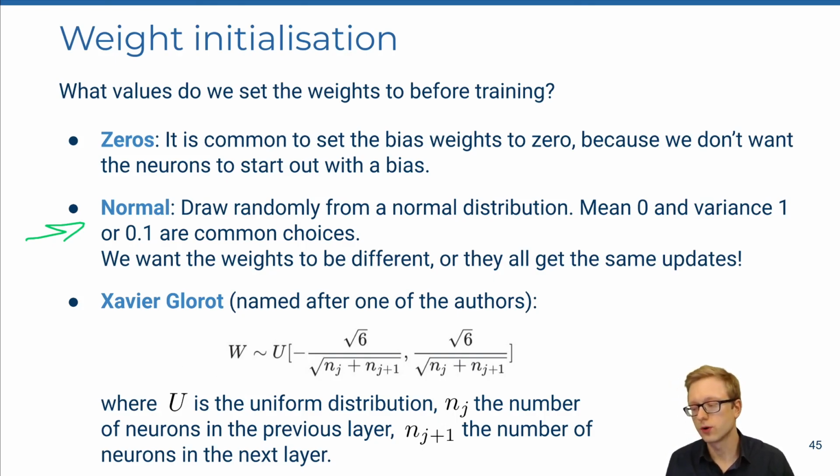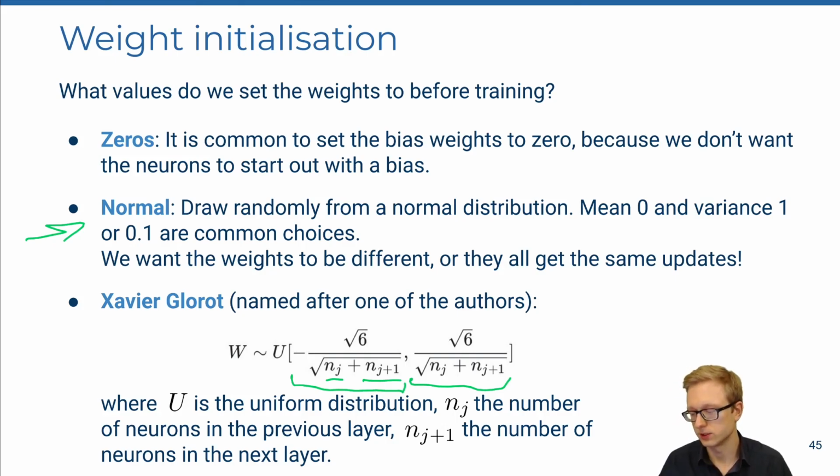So we draw values from a uniform distribution where the boundaries of the distribution are defined like this. The n_j stands for the number of neurons in the current layer, and n_{j+1} is the number of neurons in the next layer. We are trying to initialize the weights between these two layers.